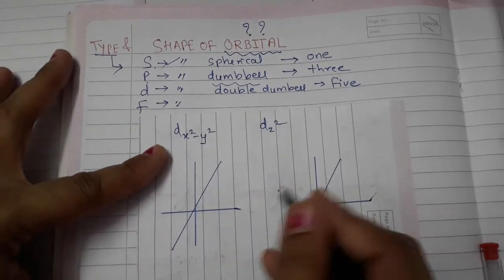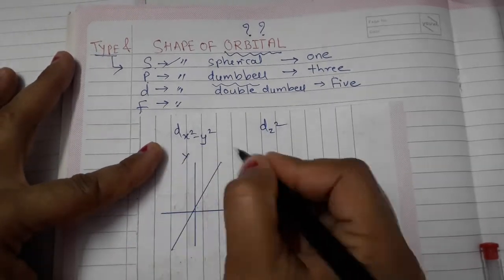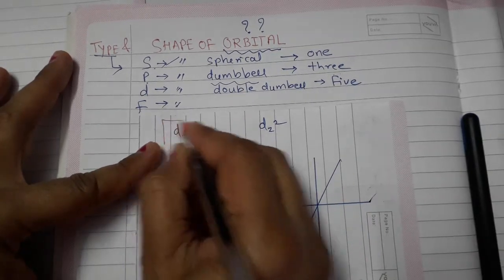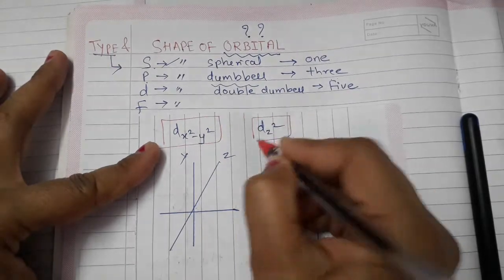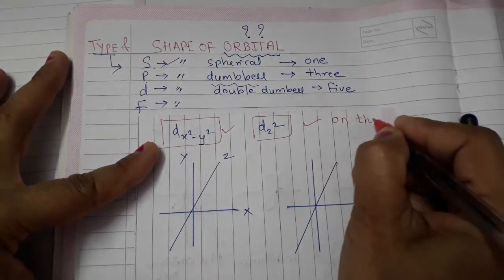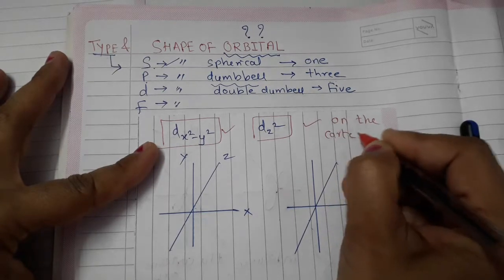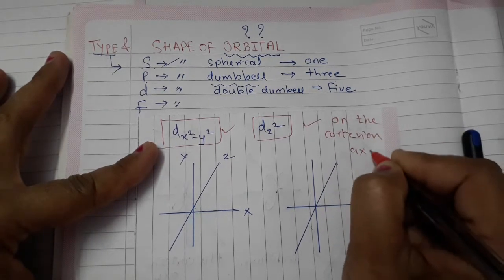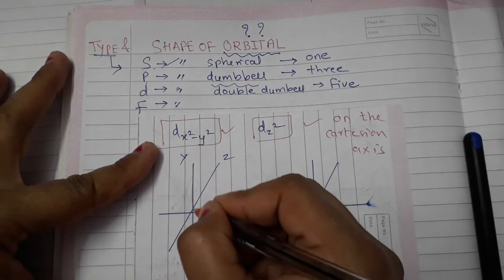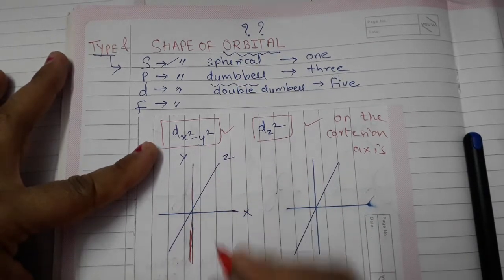So I will write here x, y and z. Now the speciality about these 2 orbitals is that they are present on the Cartesian axis. So you have to remember, on the Cartesian axis means on these axes they are present.